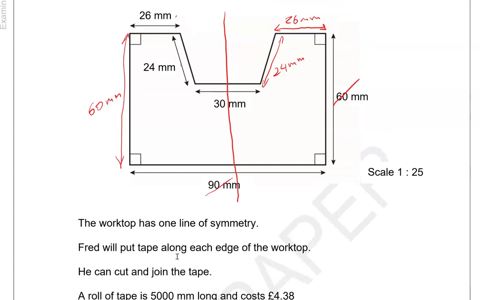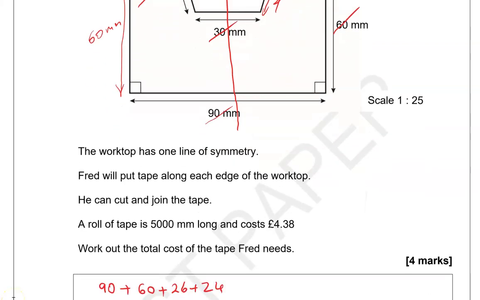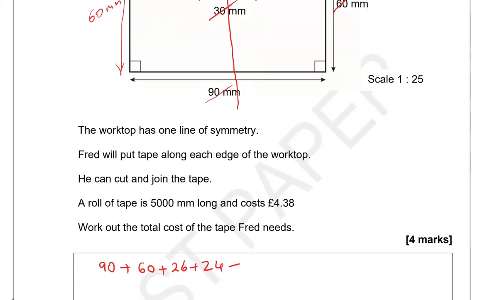So we cross them out as we go along, and then we've got 30, 24, 26. And finally 60. And that's equal to 340 millimeters. So that's 340 millimeters on the scale drawing.